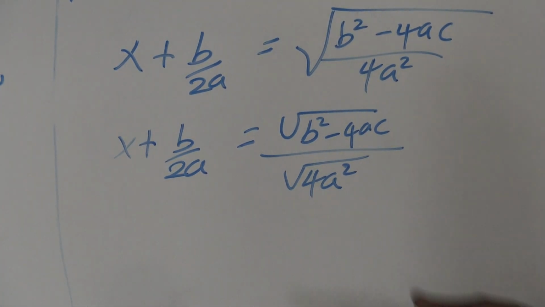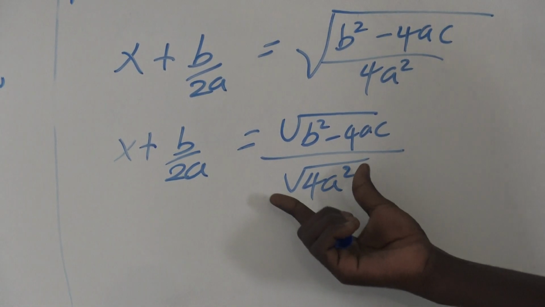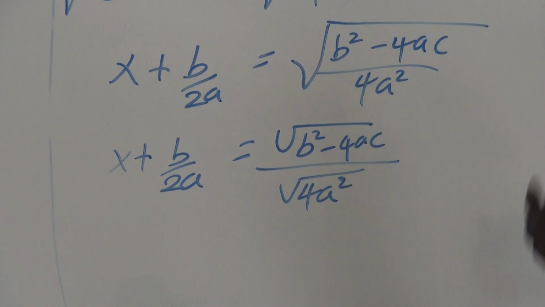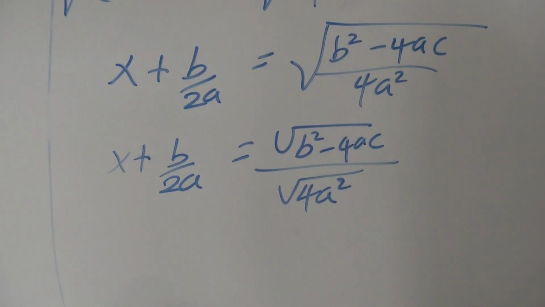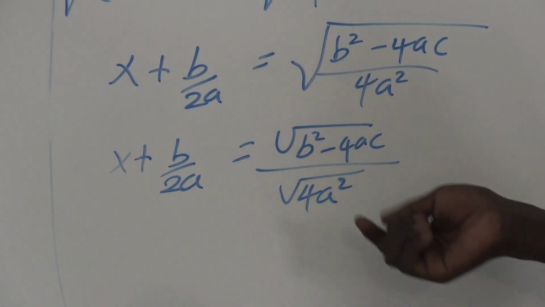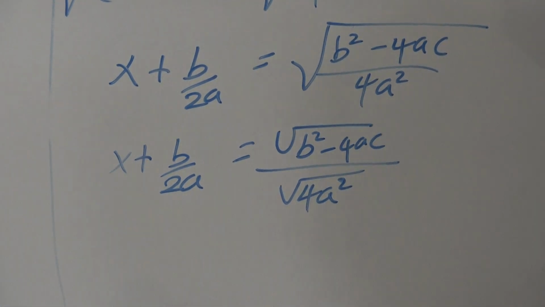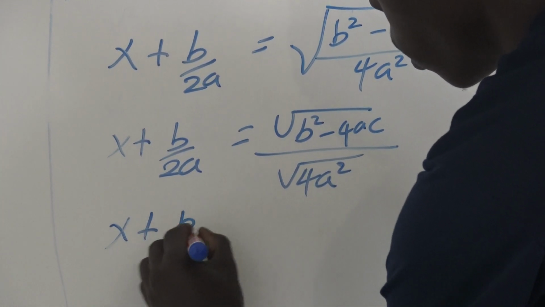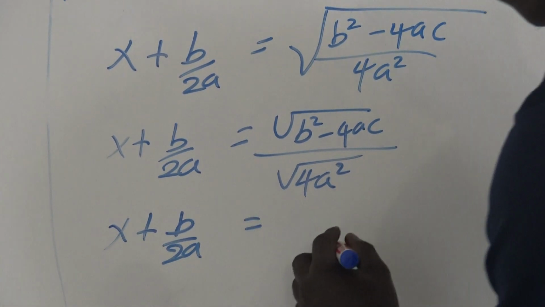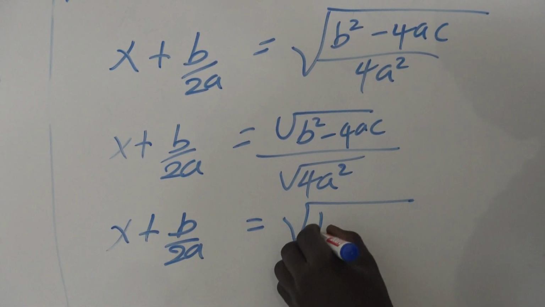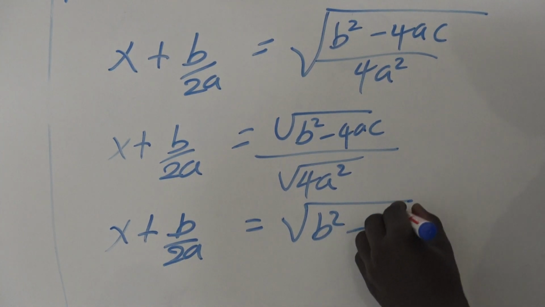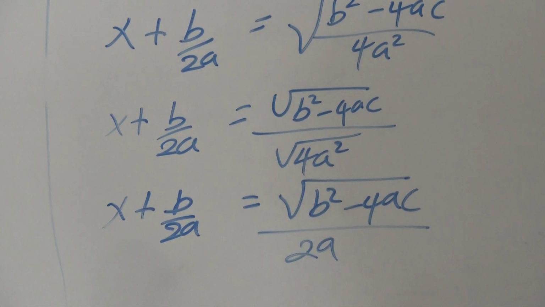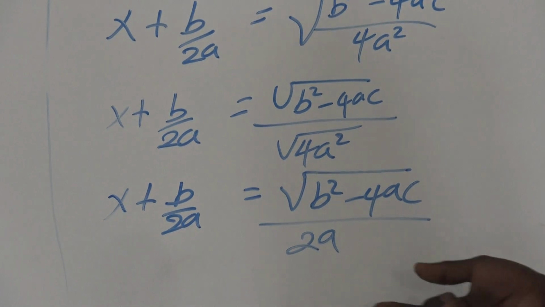We are seeing that the denominator has a component of 4, of which the 4 is the same as 2 squared. And you have a squared, which means you can take a root of the denominator. So for this case, it becomes x plus b out of 2a to be equal to the root of b squared minus 4ac out of 2a as the result.